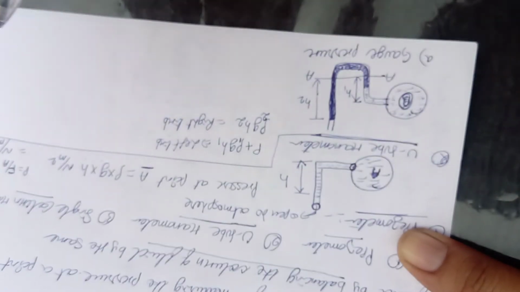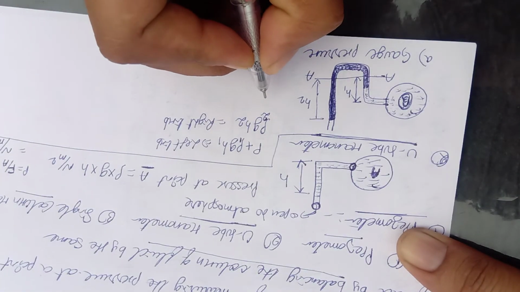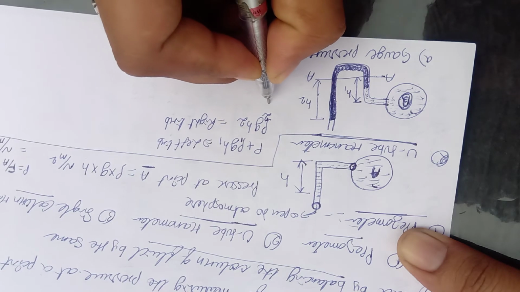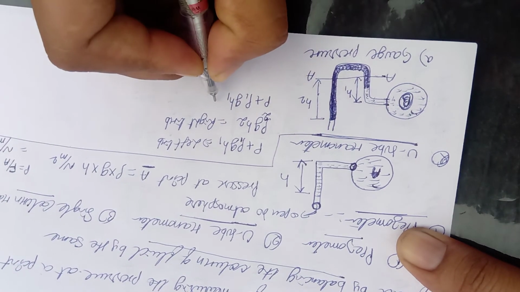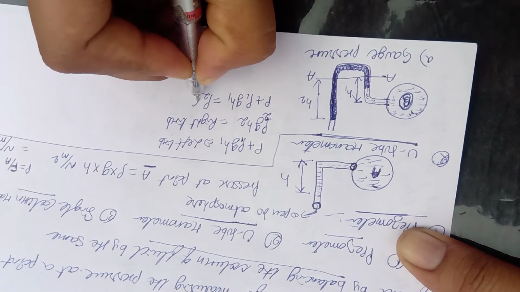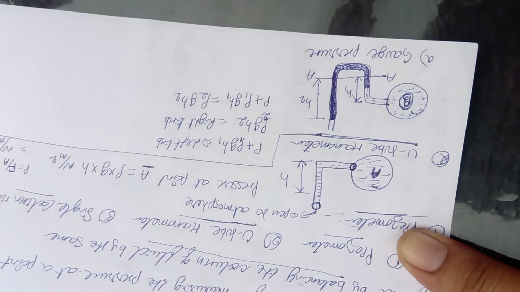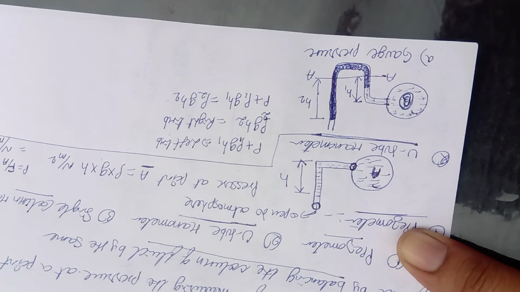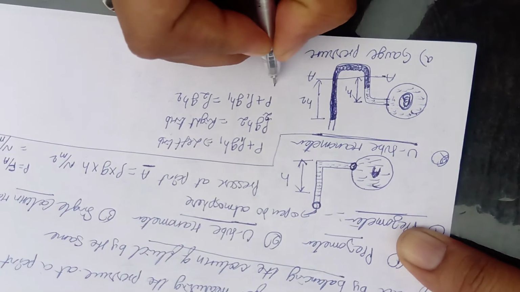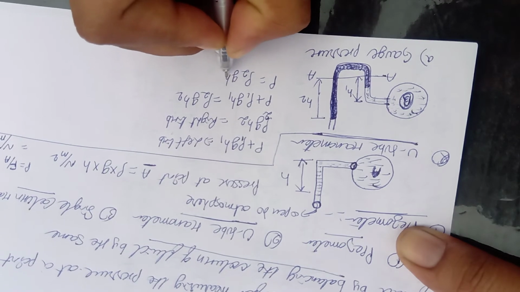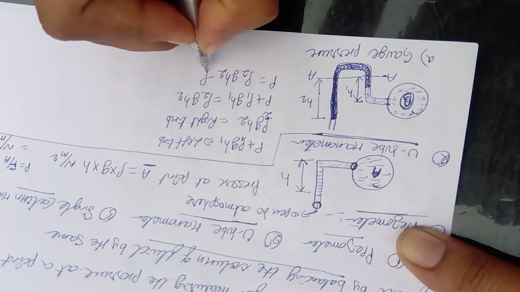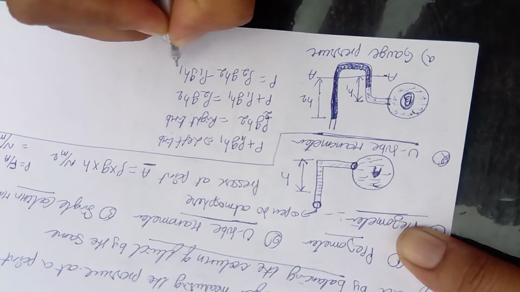If I equate both, left limb equals right limb, so P plus rho 1 G H1 is equal to rho 2 G H2. So my P would be rho 2 G H2 minus rho 1 G H1.